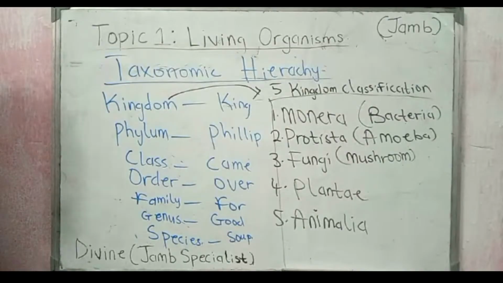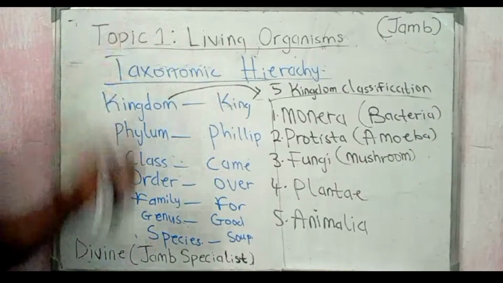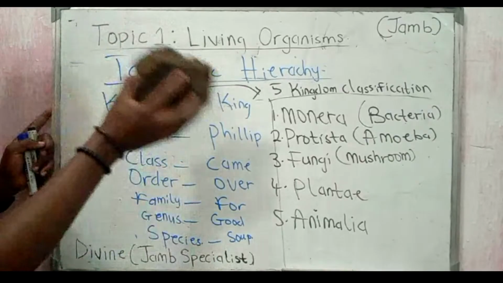The last thing we're looking at for today's class, because today is an introduction class to topic 1, so we will not waste much time and can proceed to topic 2.